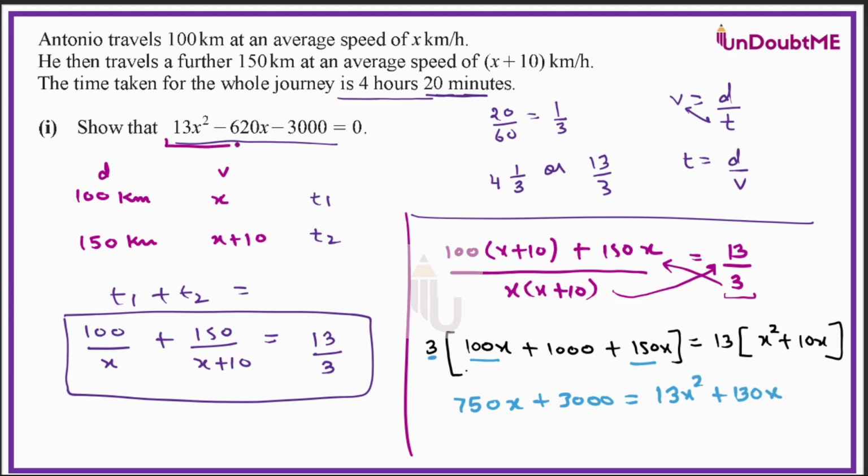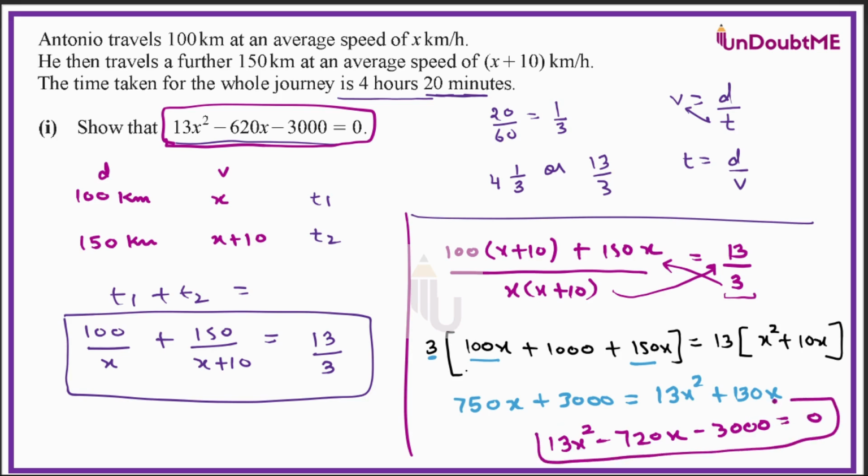Now as per the form they have asked for, I will shift all terms from the left hand side to the right. Eventually I will get 13x square plus 130x minus 750x, which will be minus 620x, and then minus 3000. They all are on one side, and we can equate that to 0. So finally we have got the form they had asked for.